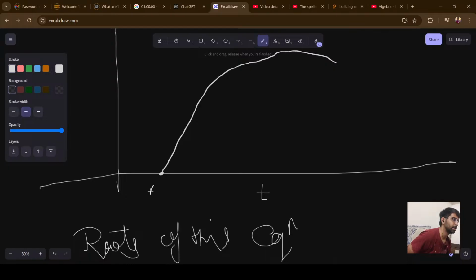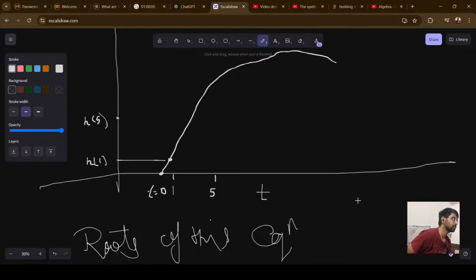At time t equals 0, it was in your hand. At time t equals 1, it went this much in the air, that is the height at 1. At t equals 5 seconds, it went this much higher, height at 5 seconds.